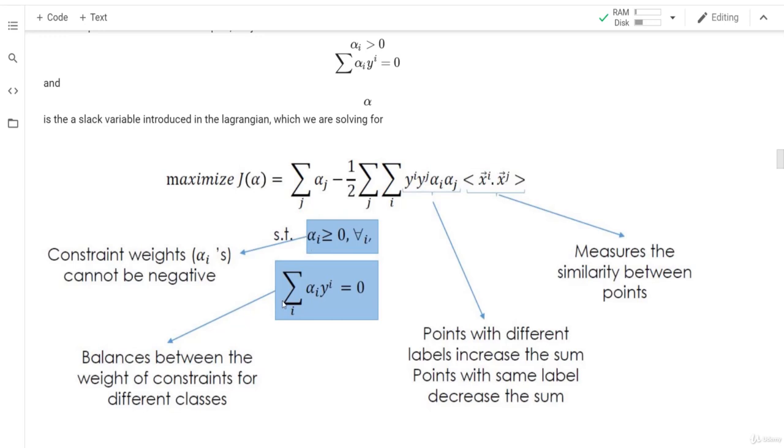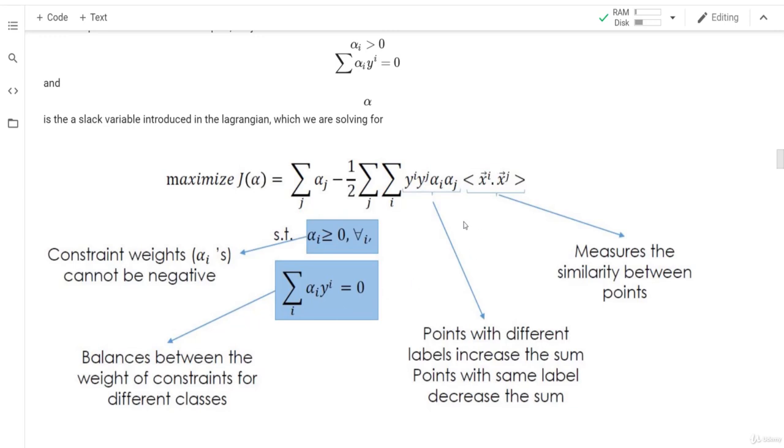The second constraint is that the summation of alpha times y_i should be equal to 0. These are the two constraints we have for our optimization problem. We don't really care about this right now. This is all the mathematics you can see in the resources, but I'm just explaining what's happening in general terms.